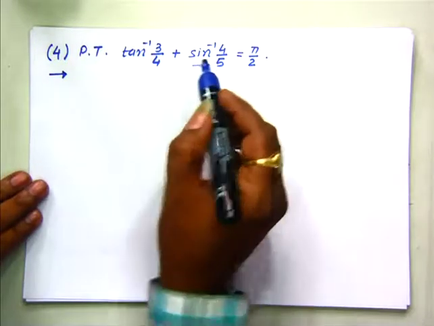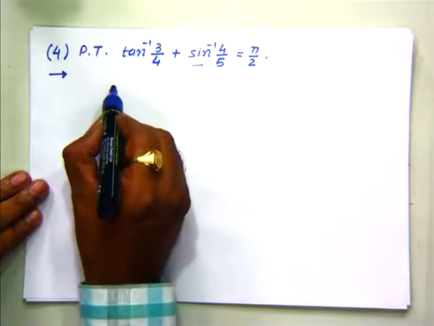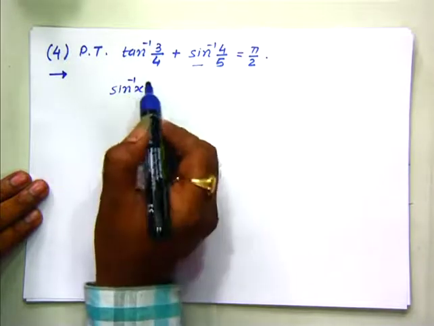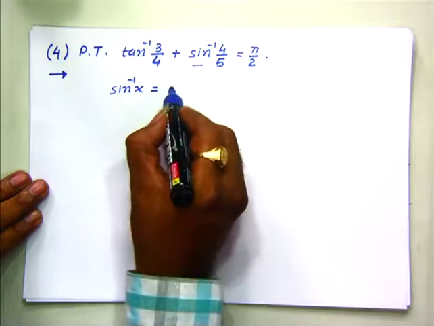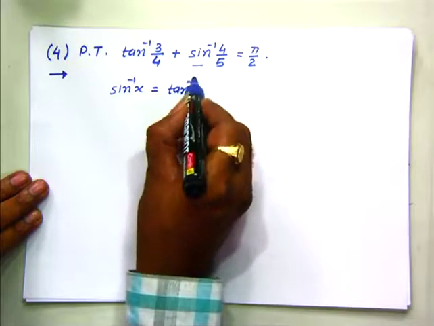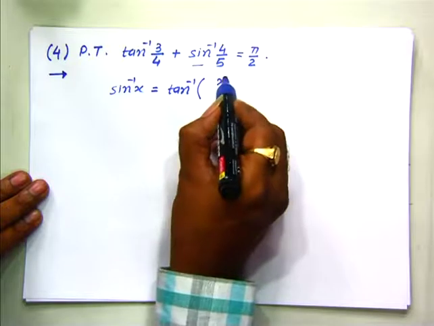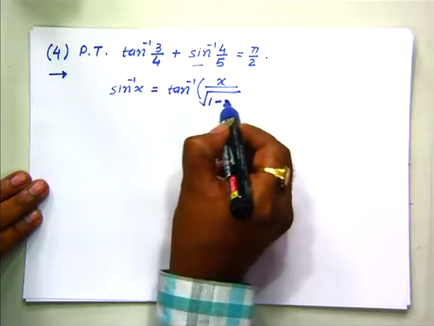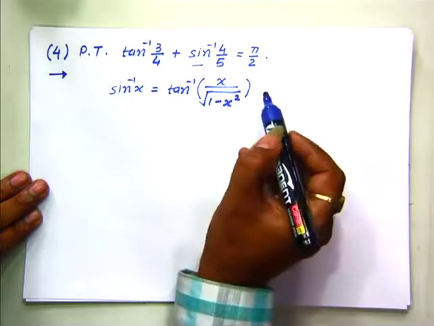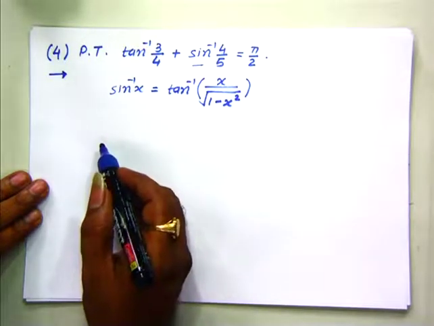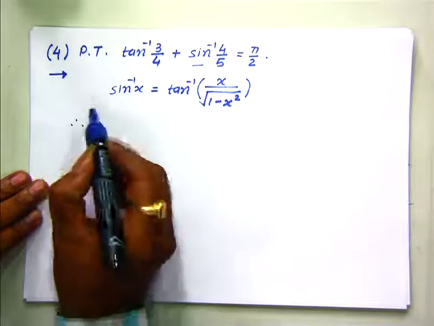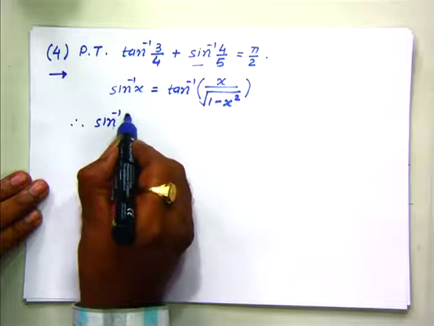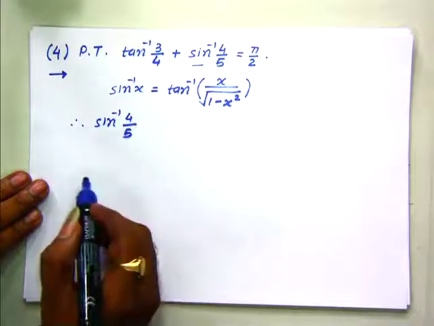Okay, so what is that formula? That formula is sine inverse x equal to tan inverse x upon square root 1 minus x square. Now using this formula, we have sine inverse 4 by 5.